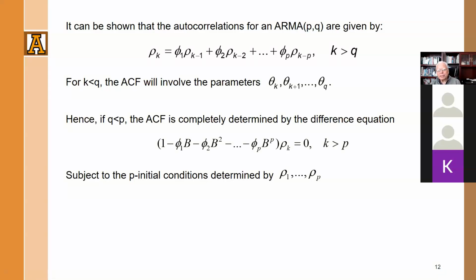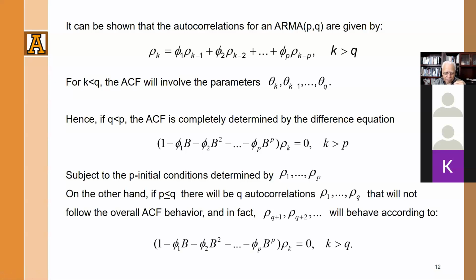That is, if the moving average order is less than the autoregressive order, then the autocorrelation function will be determined completely by this difference equation for k greater than p. Here we're assuming that p is greater than q. But it will be subject to initial conditions that are determined by the first p values of the autocorrelations, where in these p values, the thetas do play a role.